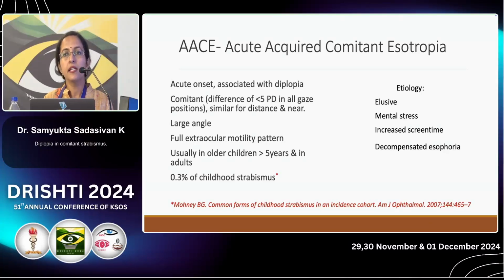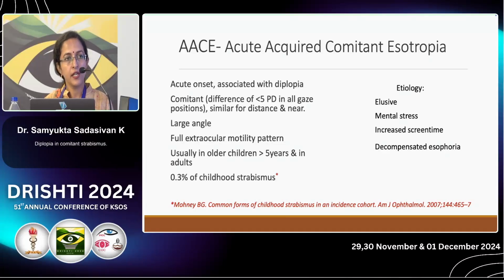Now, this is a clinical entity which mandates good attention these days, especially after the post-COVID home confinement times, and increased number of cases have been reported ever since. So the salient clinical features include acute onset, association with diplopia for both near and distance, comitant nature of the deviation with the difference less than 5 prism diopters in all gaze positions, values being similar for both distance and near.